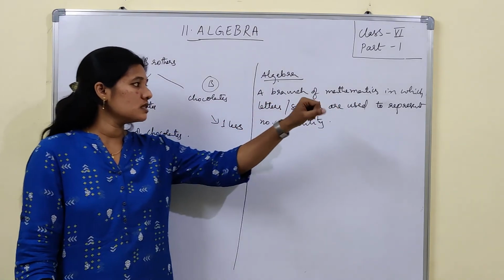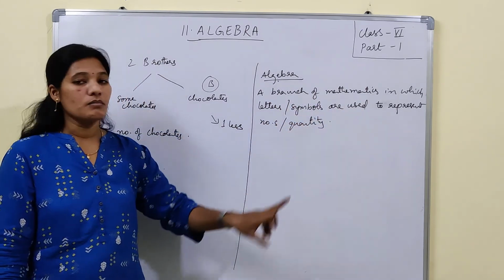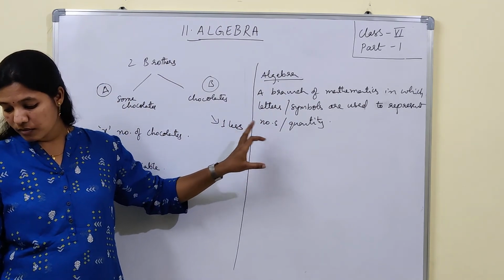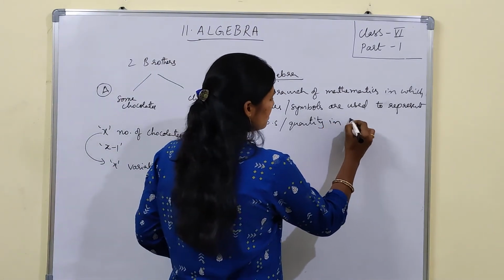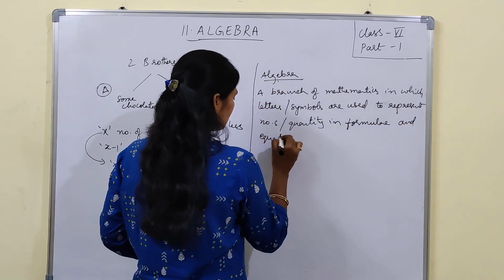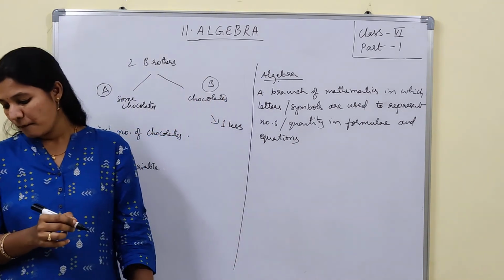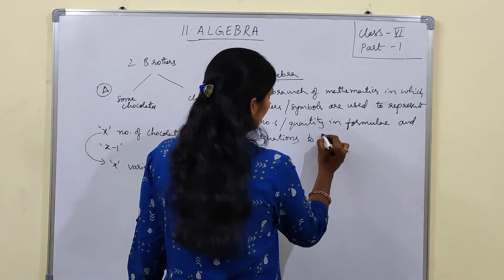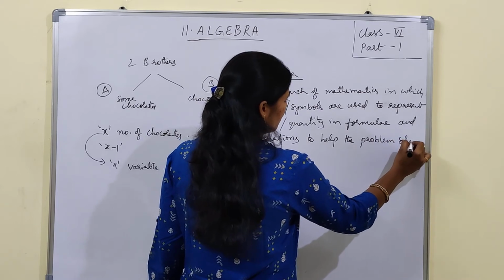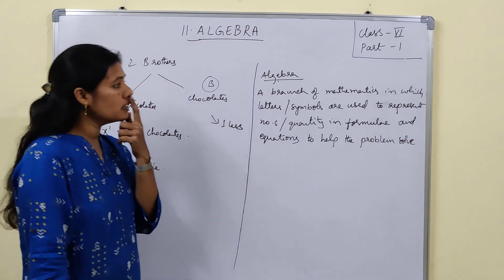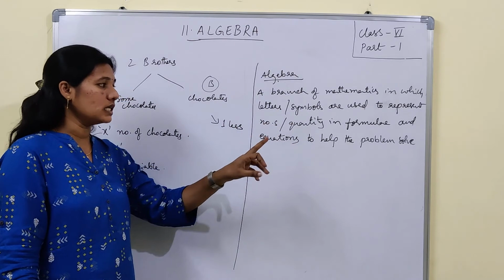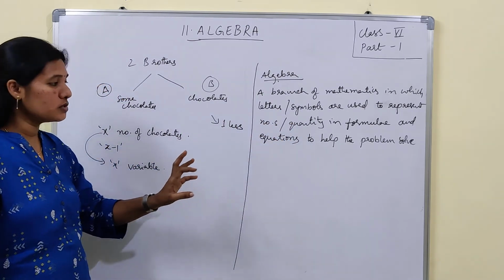Algebra is a branch of mathematics in which letters or symbols are used to represent numbers or quantities in formulae and equations to help in problem solving, that is, to solve the problem.